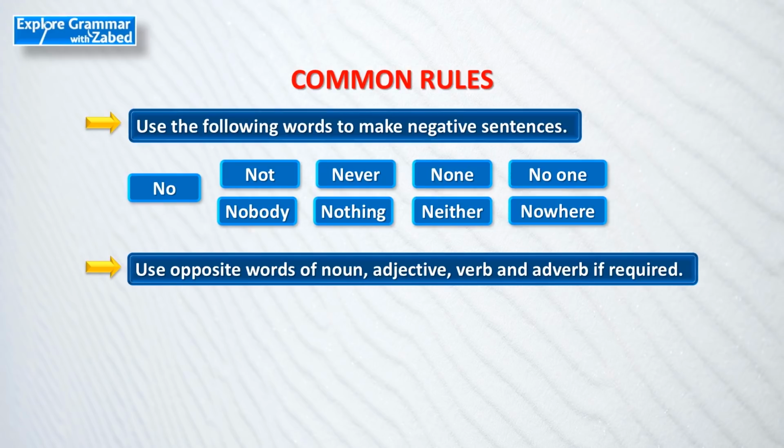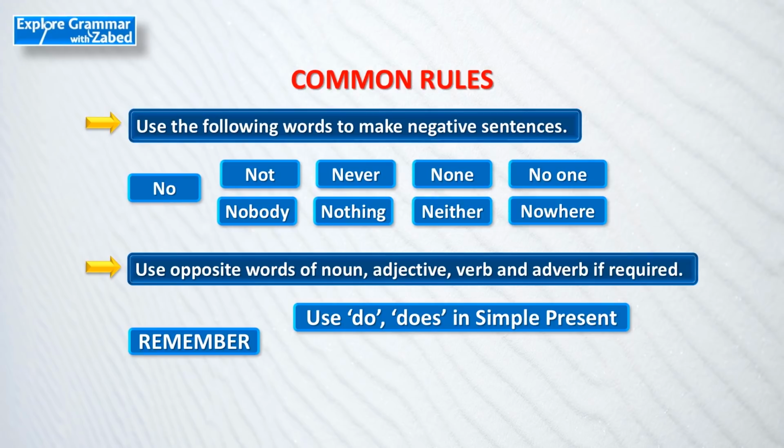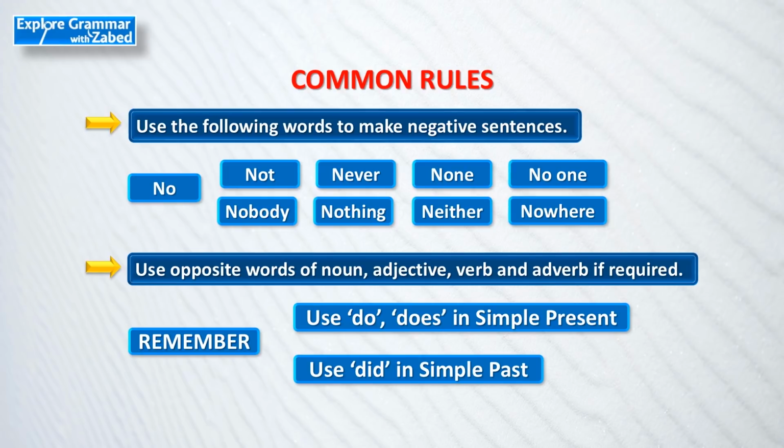Next is, we have to remember sometimes in simple present tense and in simple past tense, we'll also have to add some of the verbs like do, does, and did. Okay? Do or does is used in simple present and did is used in simple past tense.